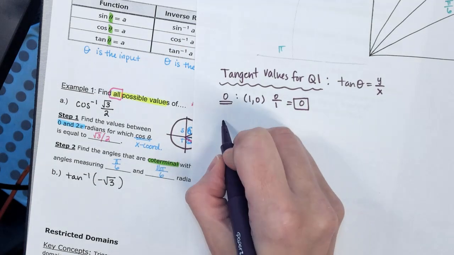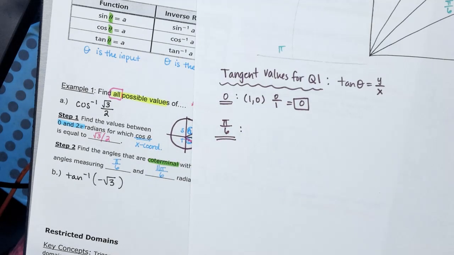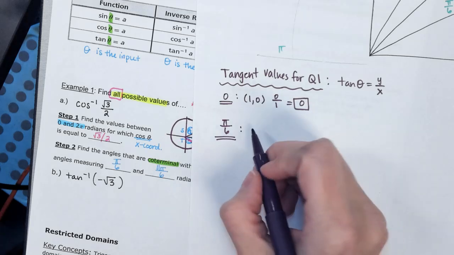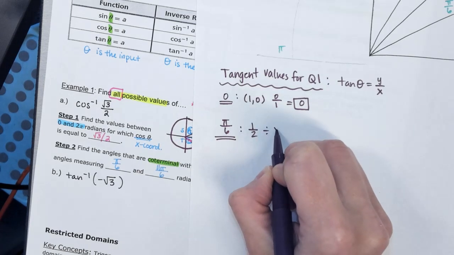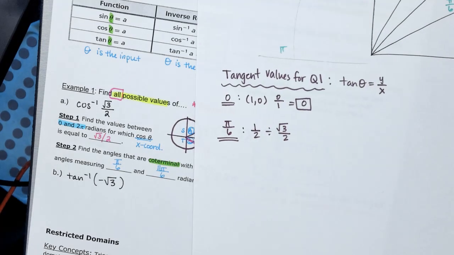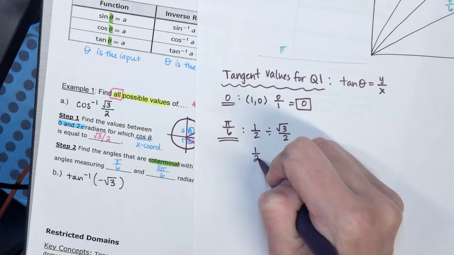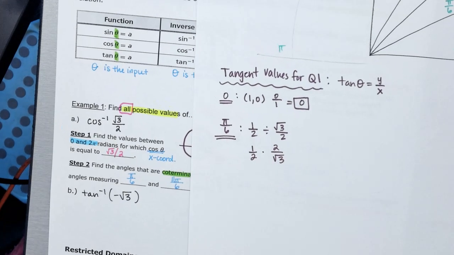Okay, so now we'll do pi over 6. So for pi over 6, you have root 3 over 2, 1/2. You're always doing the y divided by your x. Okay, so we're going to keep, change, flip.